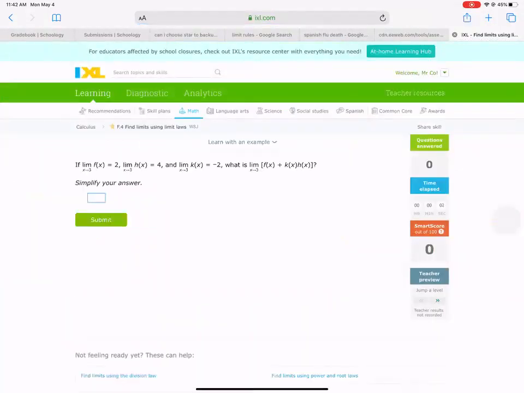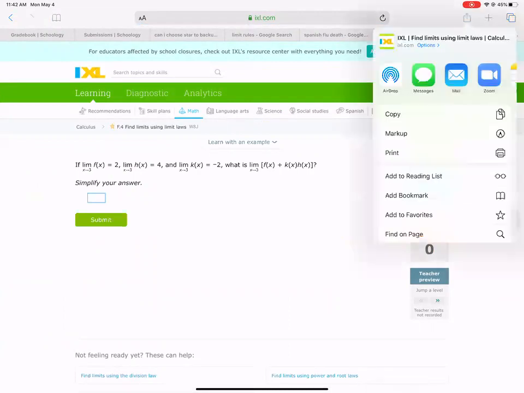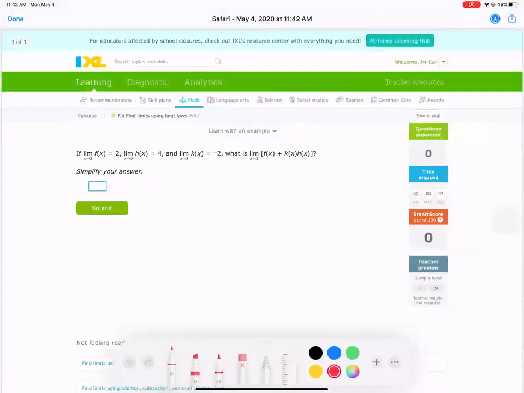So this one would be a little more tough, but please be advised. Aren't we just adding and multiplying? Look at the problem here. I'm just adding and multiplying. And those are basic operations. There's nothing wrong with that. We know that the limit as x approaches 3 of f of x is 2, plus the limit as x approaches 3 of k of x.